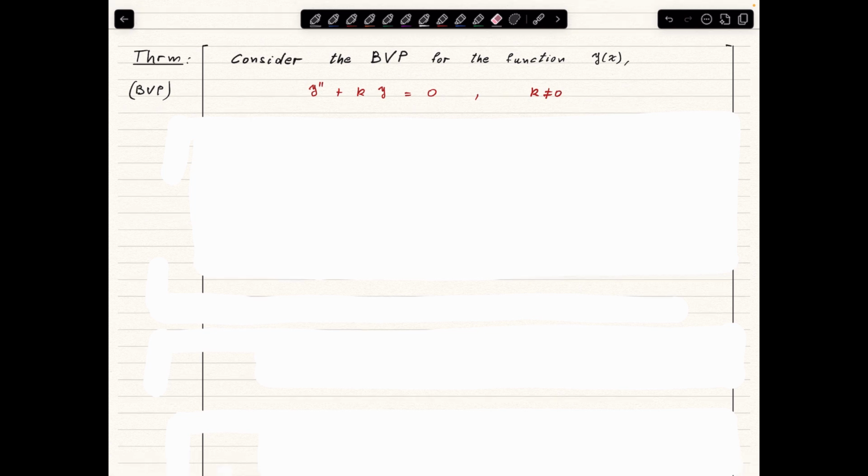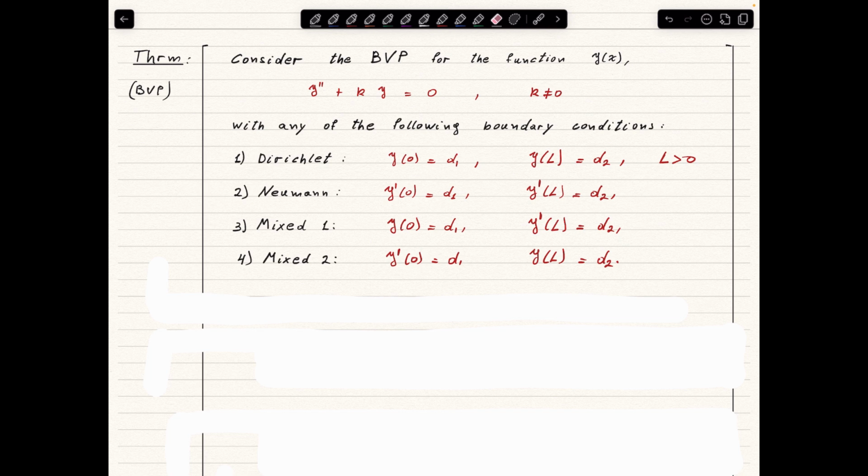Consider a boundary value problem for the function y of x, that is to find the solutions of this differential equation. So the right hand side is 0, and the operator contains only the term k times y and the second derivative. And then the boundary conditions are any of the following 4 boundary conditions we introduced before: Dirichlet, Neumann, mixed 1 or mixed 2.